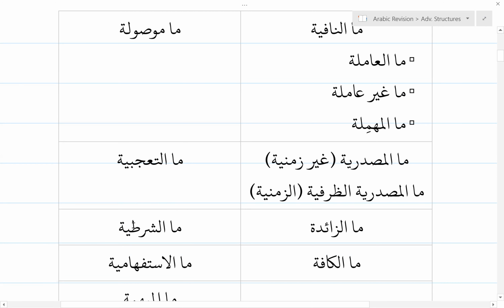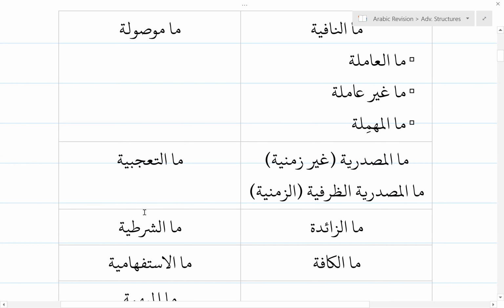Then we have ما الشرطية. This is basically what I was saying. It's جازمة للمضارع لفعلين basically. The 2 sharts, the 2 fi'ls are majzoom. So the fi'l shart and the fi'l jawab shart, both of them are going to be majzoom.